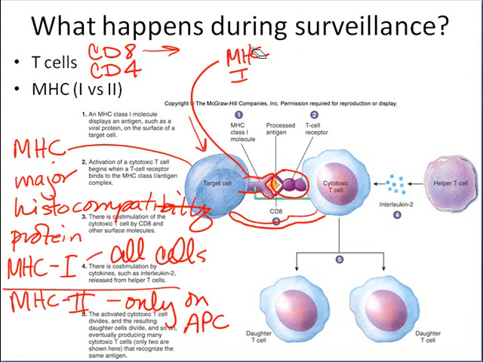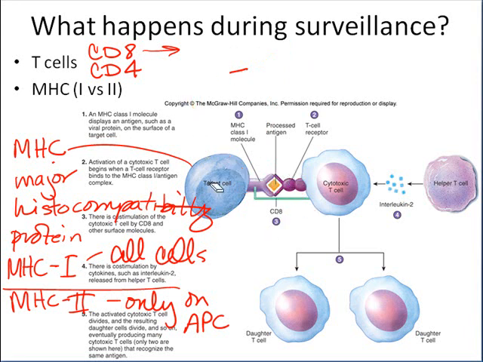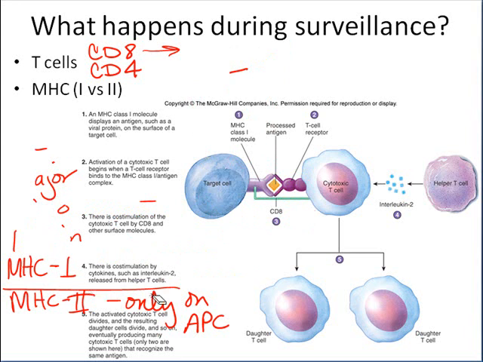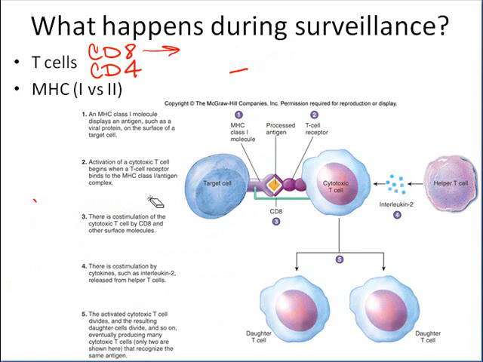I need to erase a few things here so we can see this interaction. So here we have a CD8 cell, a cytotoxic T cell, hanging out in the lymph node. Here comes a cell that it encounters, a somatic cell, a host cell.